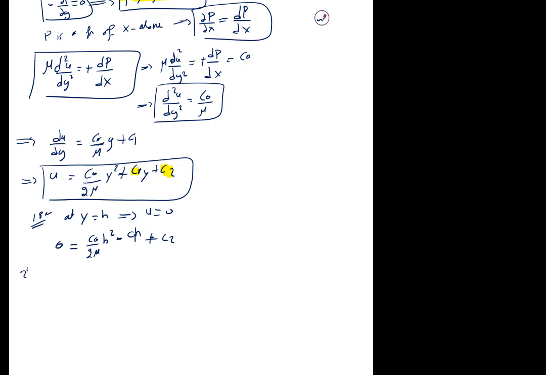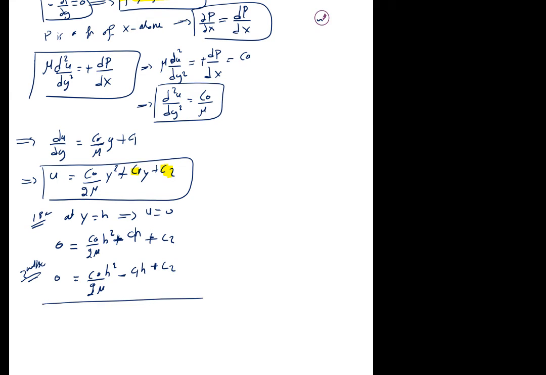Second boundary condition, at y equals minus h, I have 0 equals C0 over 2 mu h squared. Now I replace minus h, so this is minus C1 h plus C2.